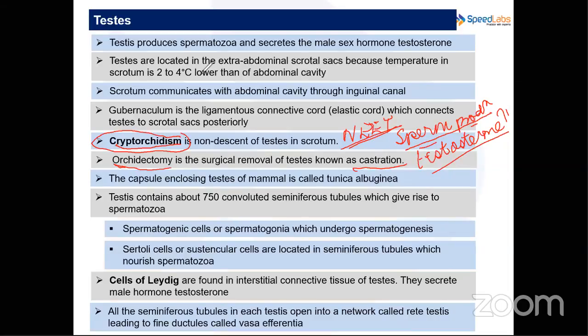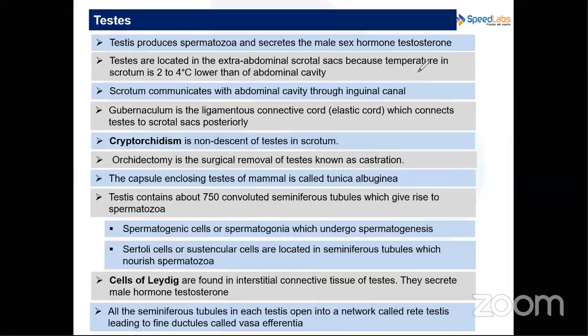7 to 8 month of the pregnancy. I'm asking you a question, you tell me the answer. During which month of the pregnancy does the testis descend into the scrotal sac? Come on, write your answer in the chat box and send it fast.